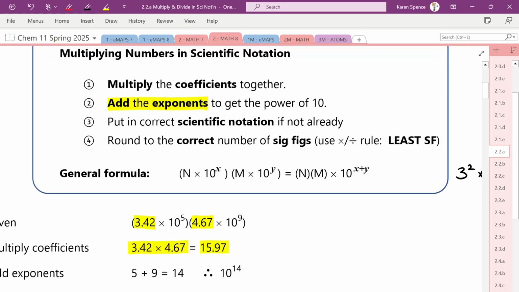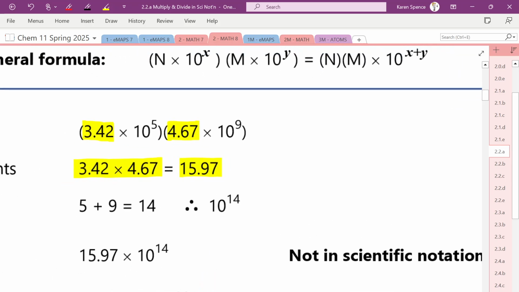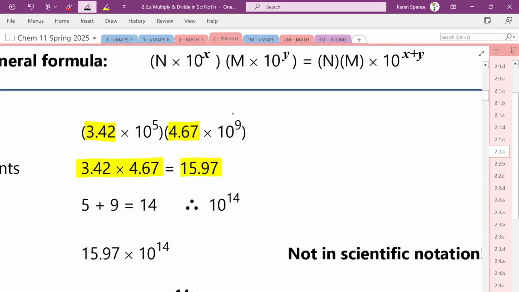So here we have our powers of 10. We have 10 to the 5 and 10 to the 9. So 10 to the 5 times 10 to the 9 is going to give us 10 to the 5 plus 9, which is 10 to the 14. So far, so good?